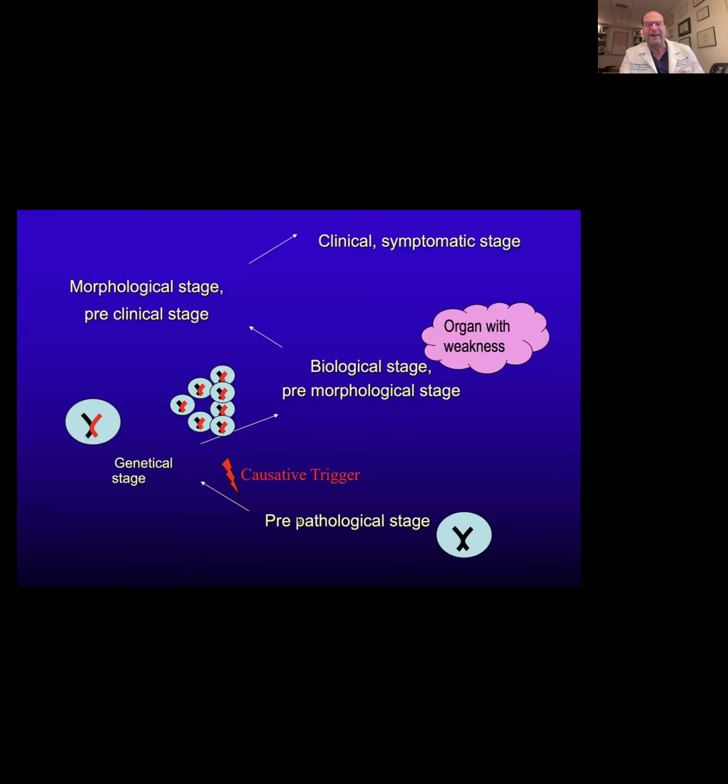This organ, because it has an abnormal chromosome inside, because it has a mutation inside, is weaker than an organ that would have no chromosomal alteration. But it has not yet manifested itself with a brain AVM. So we believe that a secondary or revealing trigger is necessary to move from the biological stage to the morphological stage where we have the brain with an AVM.